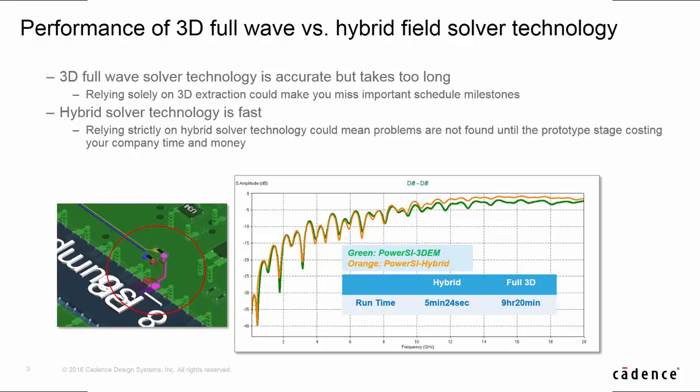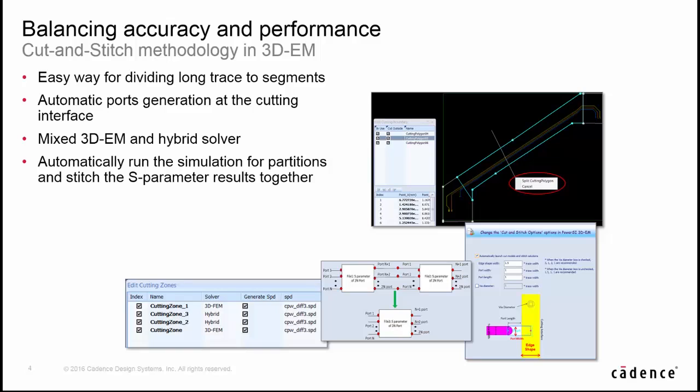Normally, full-wave 3DM is accurate but takes long. On the other hand, PowerSI hybrid is faster, but it could slightly lose accuracy at higher frequency, say 15 GHz in this demo case. So to balance the accuracy and performance, we have introduced a cut and stitch flow in 3DM.